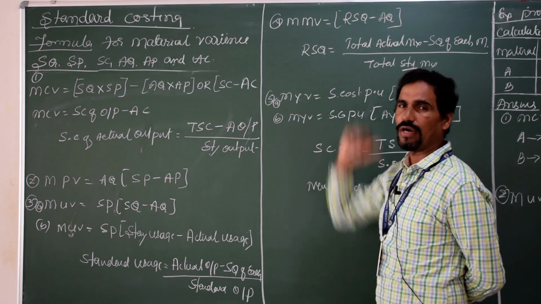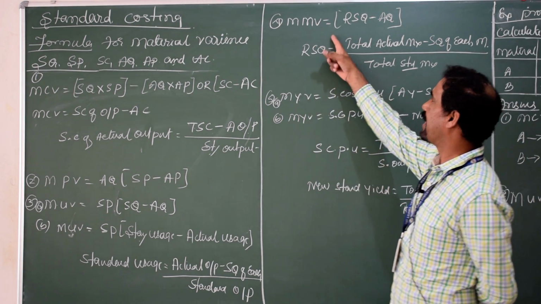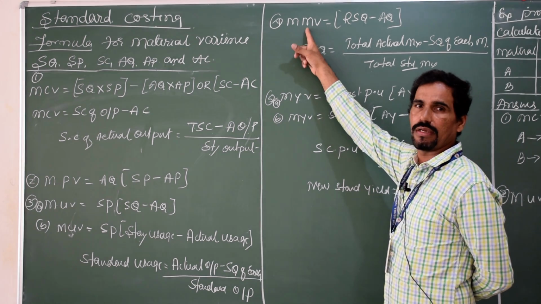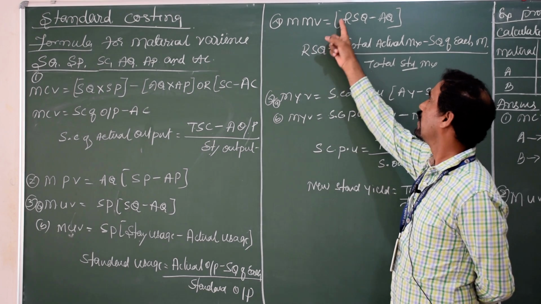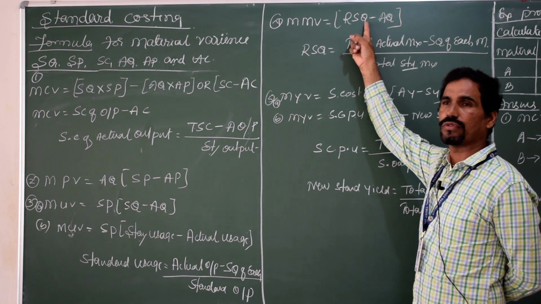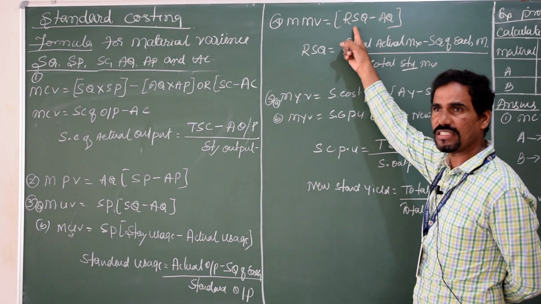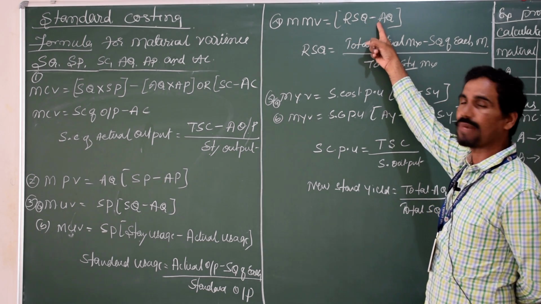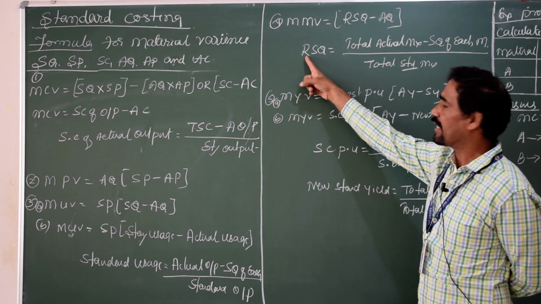Then the fourth formula, material mix variance. Material mix variance equals MMV, M stands for material. Material mix variance equals RSQ, revised standard quantity, minus actual quantity.